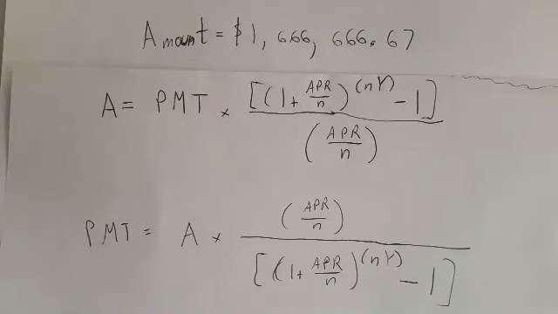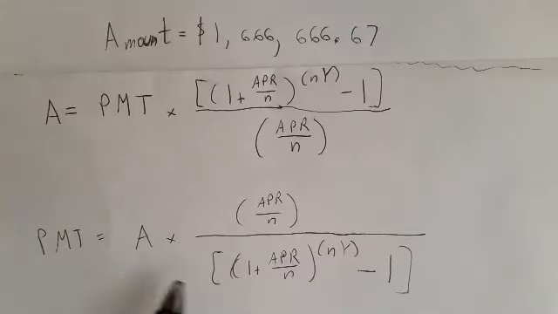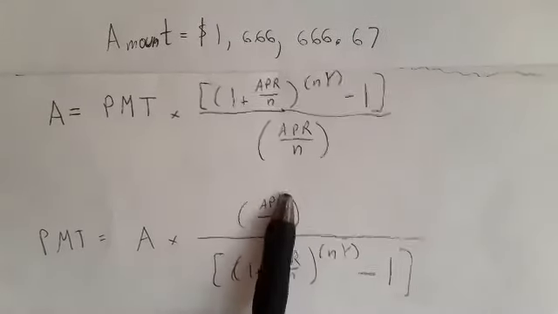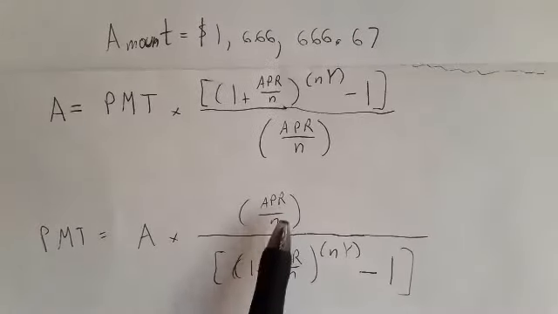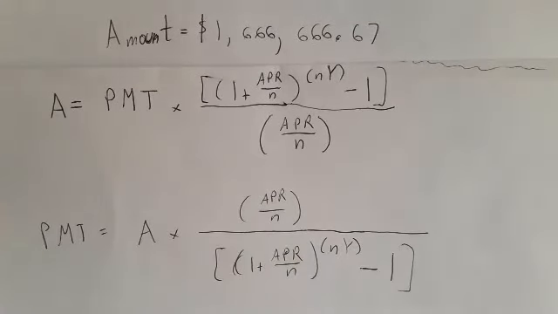So we know an amount. We know the APR is what, 6%? N is the number of times you're getting compounded or the number of payments you're making per year. So we're doing things monthly.